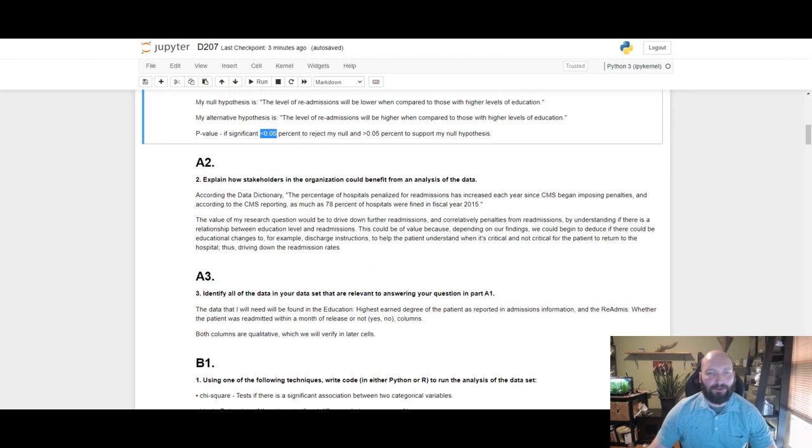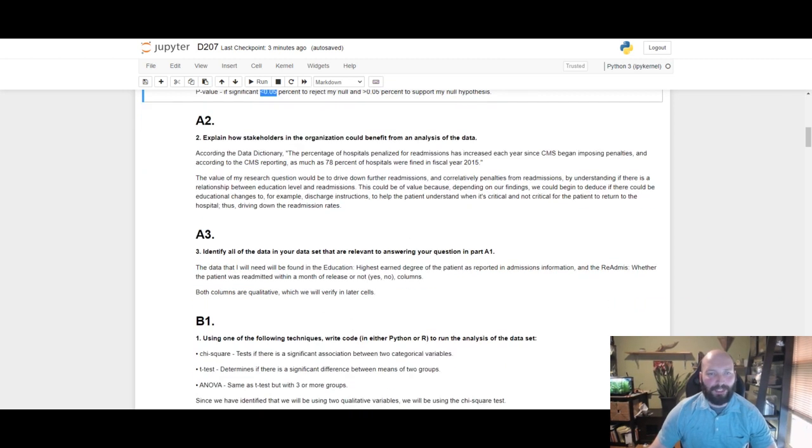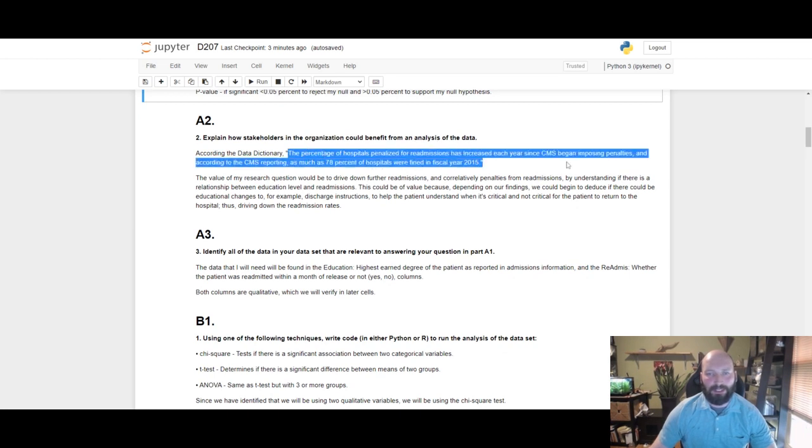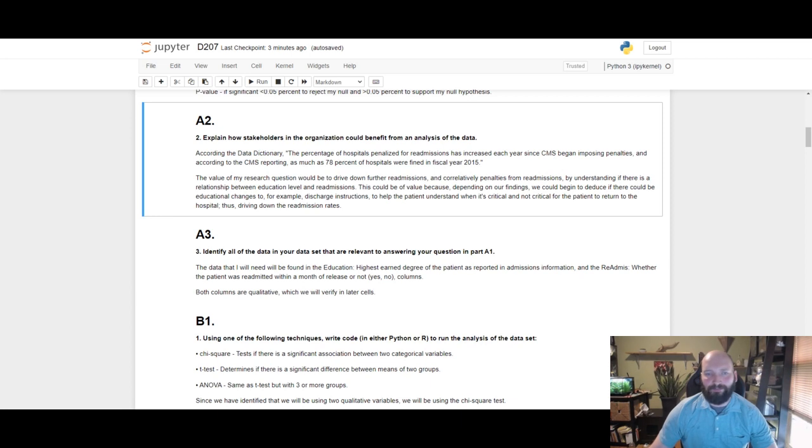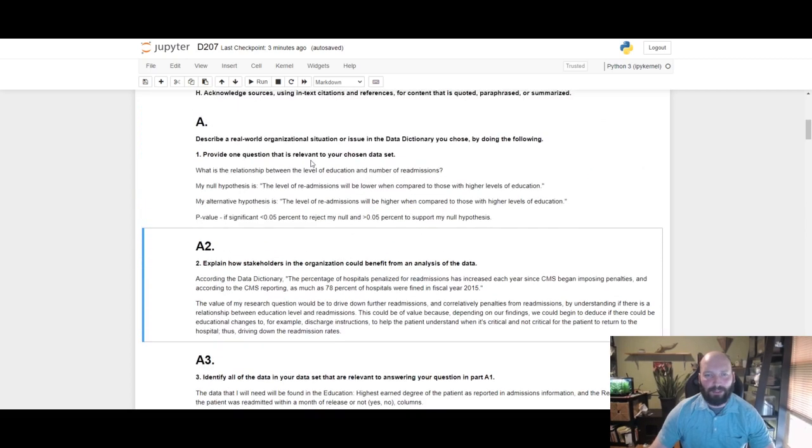A2, explain how stakeholders in an organization could benefit from an analysis of the data. From the data dictionary, it discusses the penalties that are imposed by CMS and the amount of readmissions, and as much as 78% of hospitals were fined in the fiscal year of 2015. So I wanted to evaluate just a couple of variables, and I've been using this kind of question with D, I think all the way back to D205 and D206.